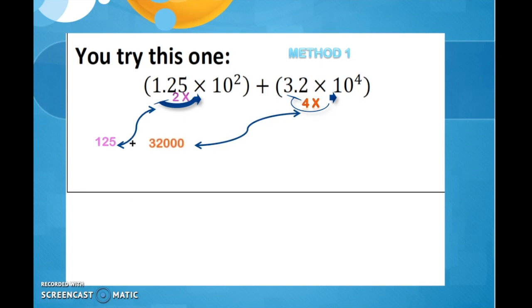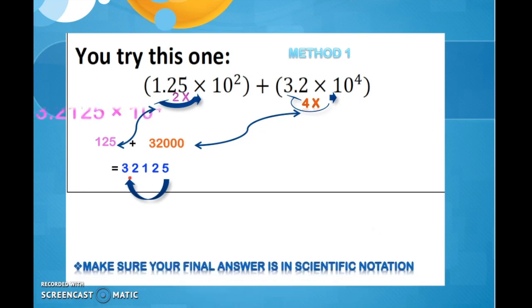Now we're going to add the two factors together, putting it in standard notation. Now our goal is to get that number in proper scientific notation. So when we move our decimal place over, our final answer: 3.2125 times 10 to the 4th power.